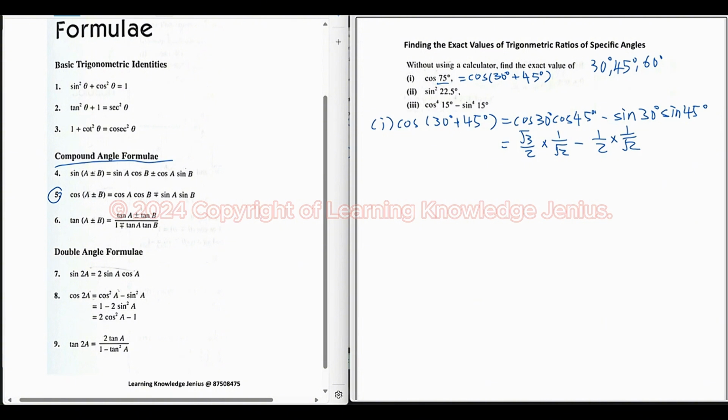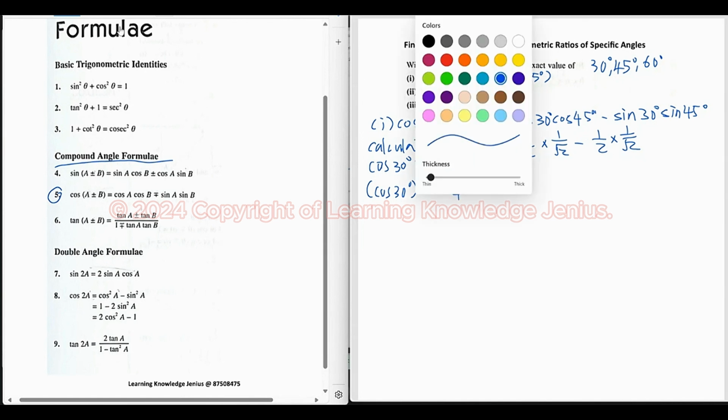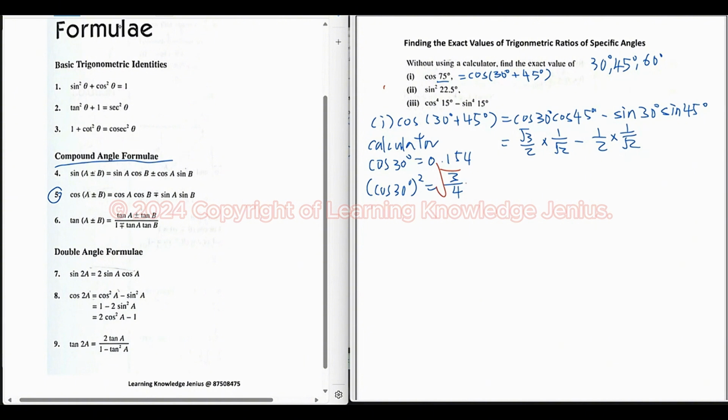For example, if you punch in cosine 30 into the calculator, it will give you 0.866, something like that. Then you will just square it. Once you square it, it will give you 3 over 4. Then after that, you just square root the answer here. Then you will get this.